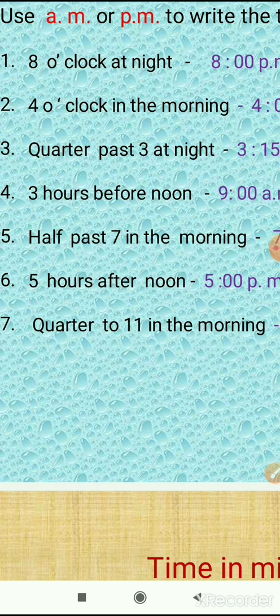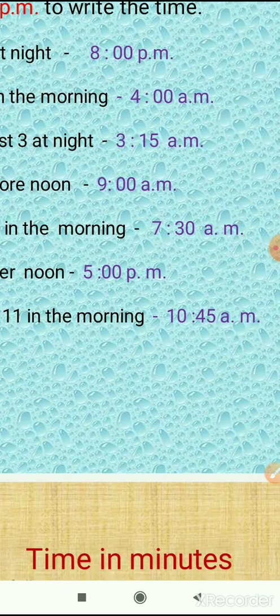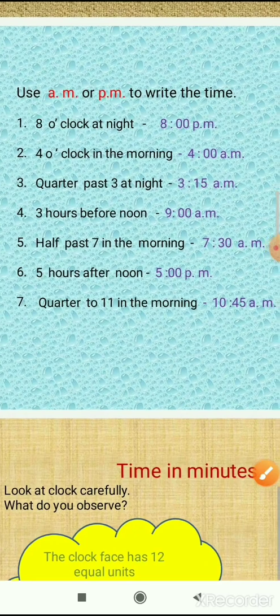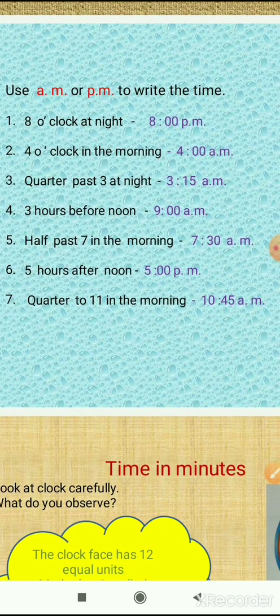So it is 10 hours and 45 minutes, and it's morning time, so 10:45 AM. Okay students, this is how to write the time. In this way, we have written the time using AM and PM.